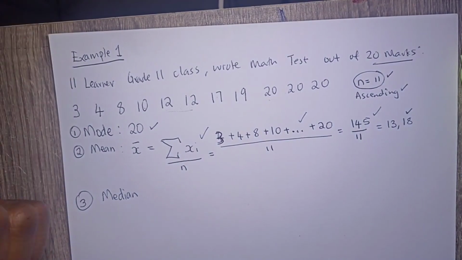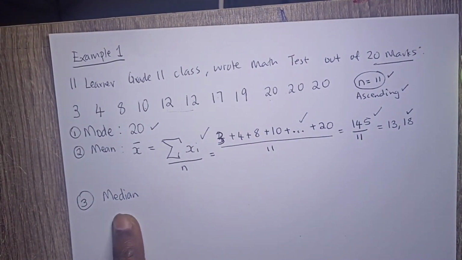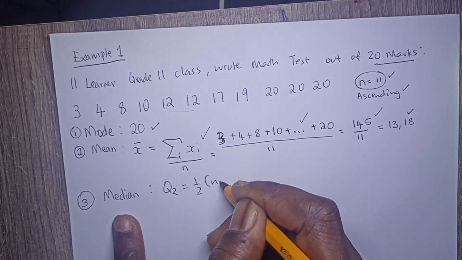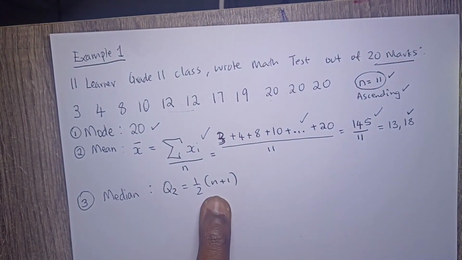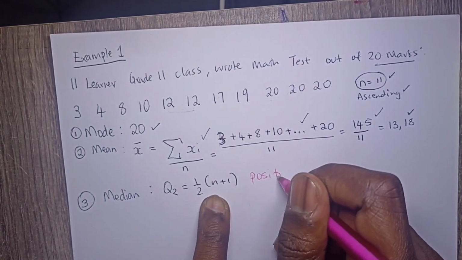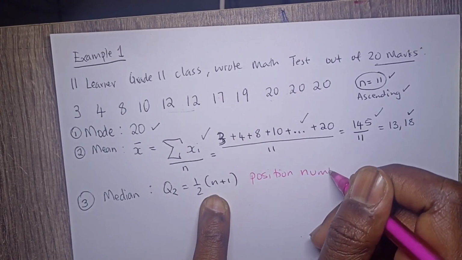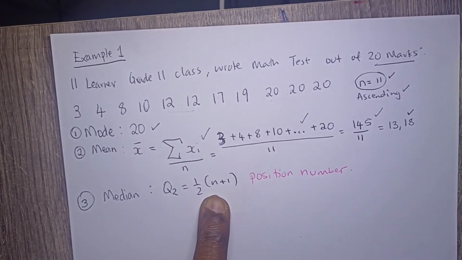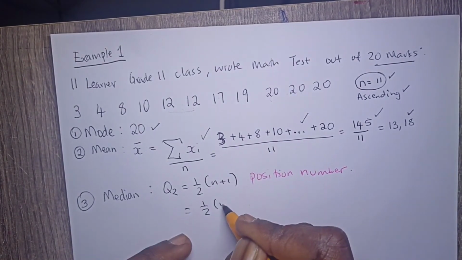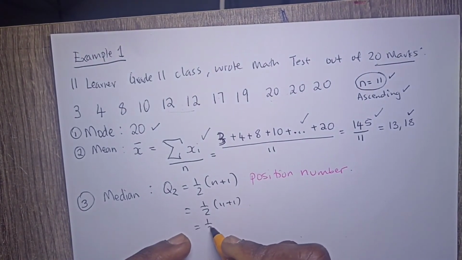So now let's do the median. The median, we said, is the middle number. It's given by the formula Q2 equals 1 over 2 (n plus 1). This, we said, gives you the position number. Whatever you get is not the answer. You need to go and count. Our data set is already in ascending order. So we say 1 over 2 (11 plus 1). 11 plus 1 is 12. Half of 12 is how much? 6.